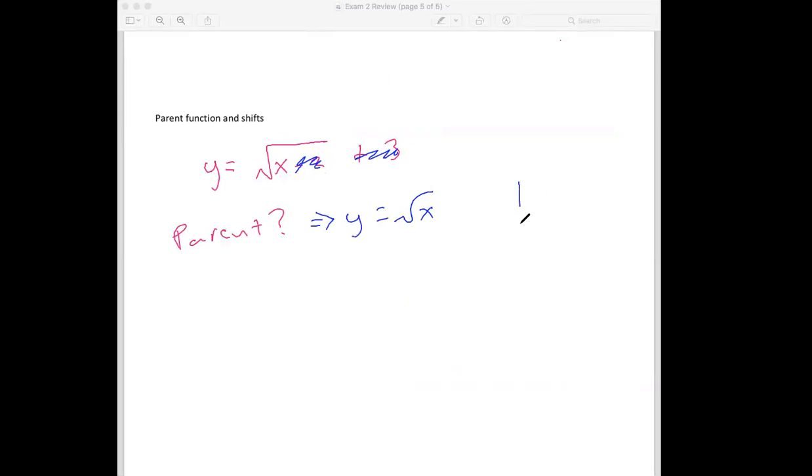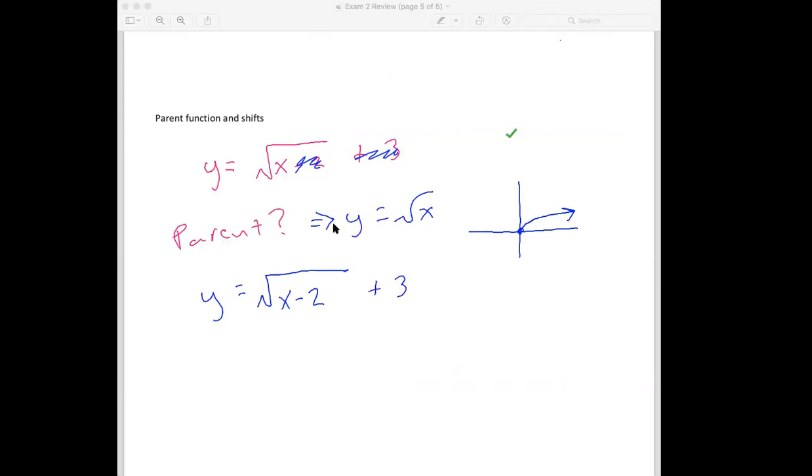Now, if you graph y equals the square root of x, which we likely will in class, it's going to look like that. So what we want to know is, how was this parent function shifted? The one that I crossed out was, I believe, x minus 2 and plus 3 on the outside.